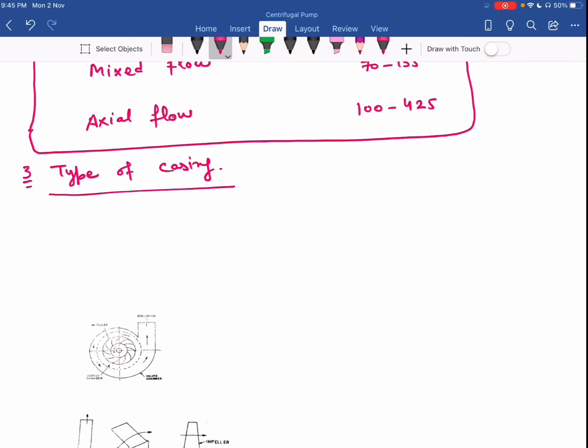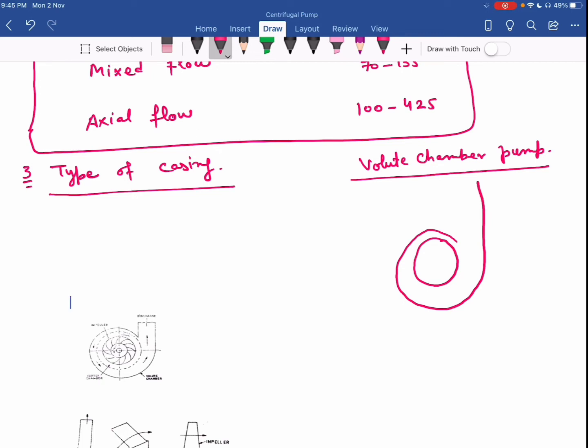One is the volute chamber pump, or simply the spiral chamber pump. I have an impeller surrounded by a casing, and here I have the shaft.